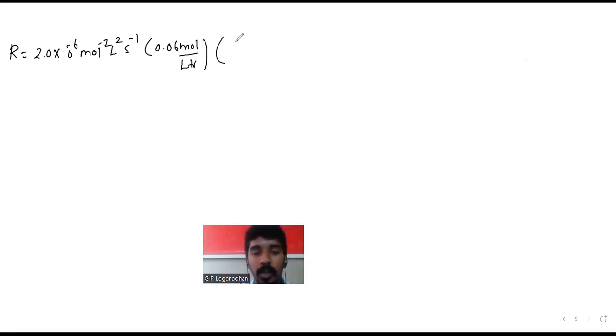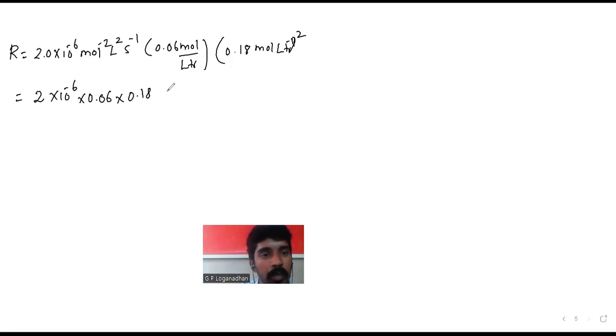Concentration of B to the power 2, 0.18 mole per liter, squared. So 2 into 10 power minus 6 into 0.06 into 0.18 into 0.18, because square is there, multiplied by mole power minus 2 liter square second inverse.